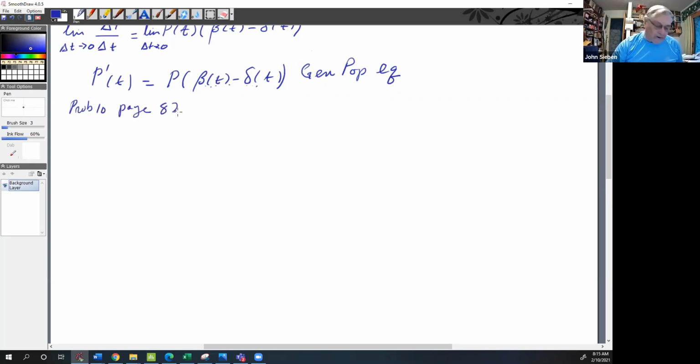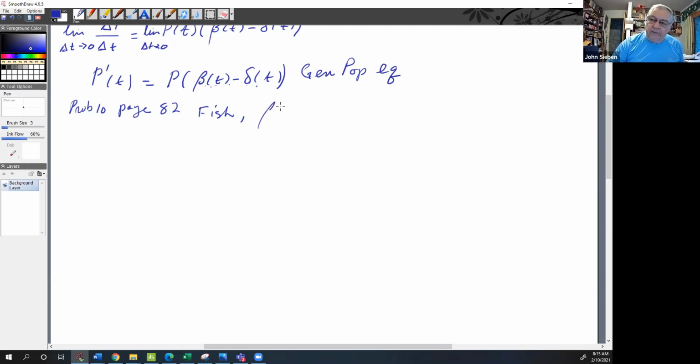Page 82 of our textbook. And it says, consider an impoundment of some kind that's got a population of fish. And there's a disease in this impoundment that's affecting the birth rate.